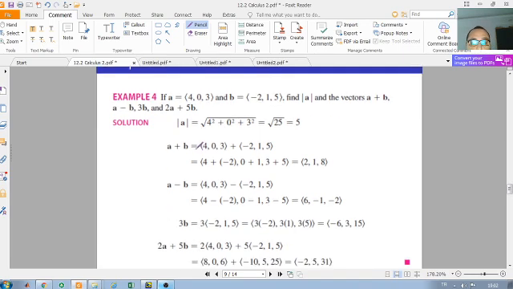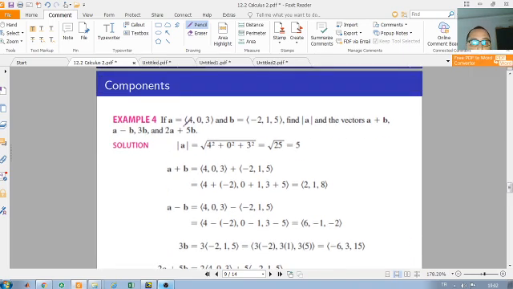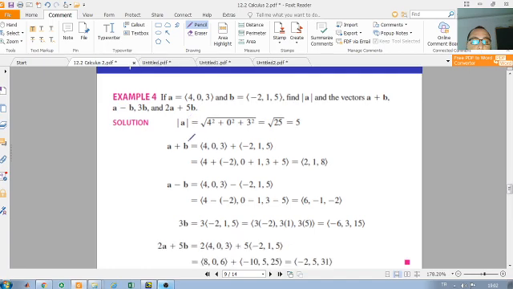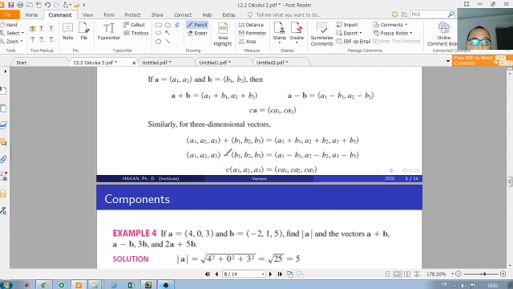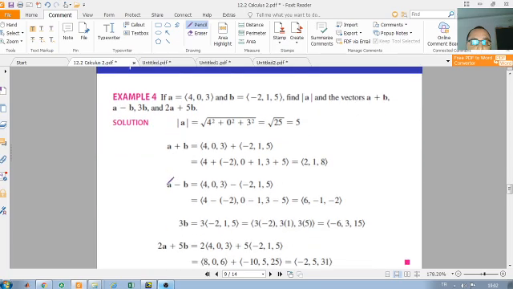For example, we have two vectors a and b in a three-dimensional coordinate system. Let's find the length of the vector a, which is easily found by using the formula. It is the square root of the squares of the components, you see, which is equal to 5, and the addition and subtraction of them, 3 times b and 2a plus 5b, all of which can be found easily by using the definitions here.